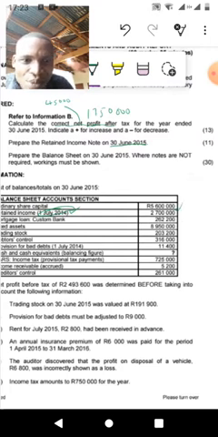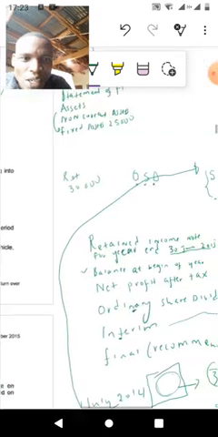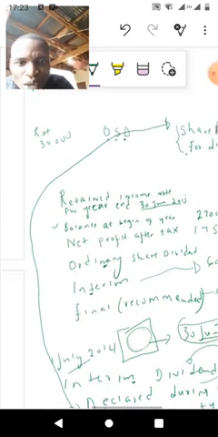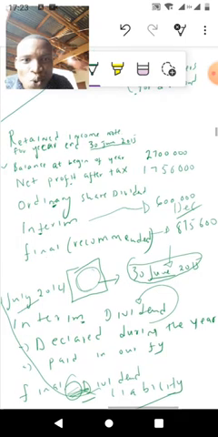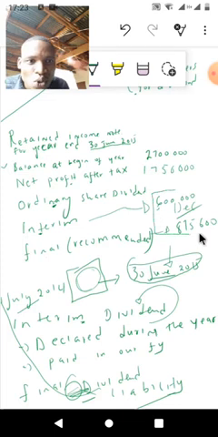After the balance at the beginning of the year, you record net profit after tax. Then after recording net profit after tax, you are going to record ordinary share dividend. And ordinary share dividend should be interim plus final. So I have to add these two.